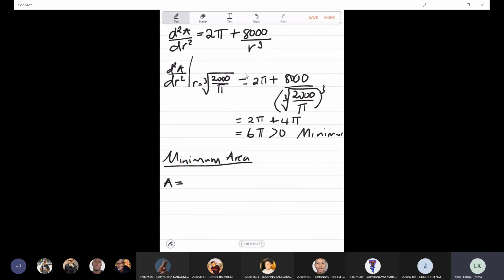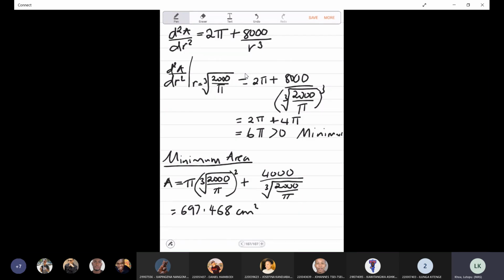So we have pi times the radius squared, so it's the cube root of 2000 over pi squared plus 4000 over r, which is the cube root of 2000 over pi. So this, type in on your calculator, you get 697.468 centimeters squared.